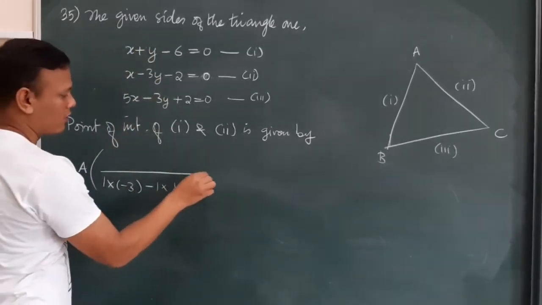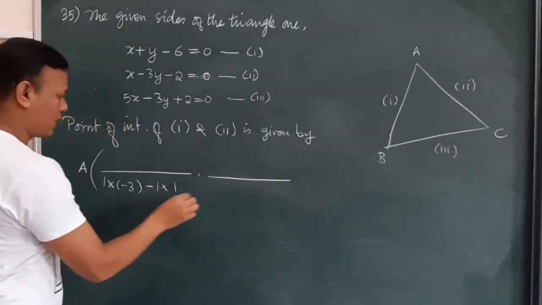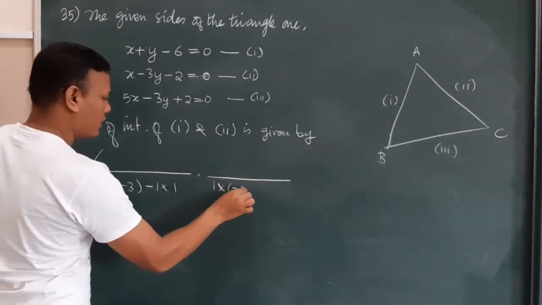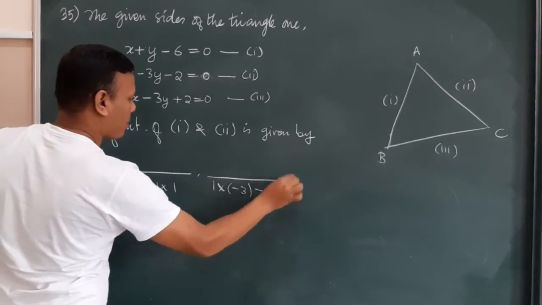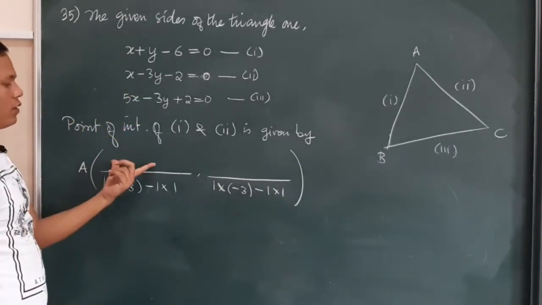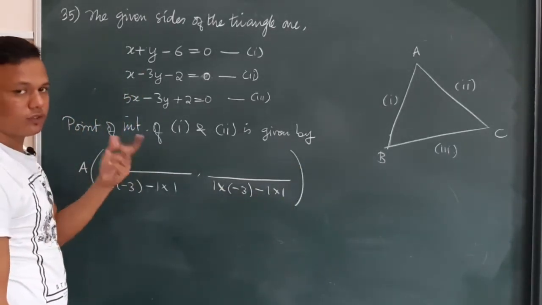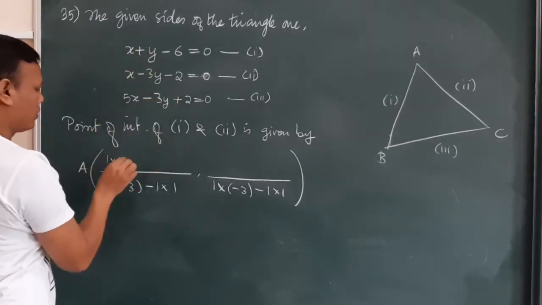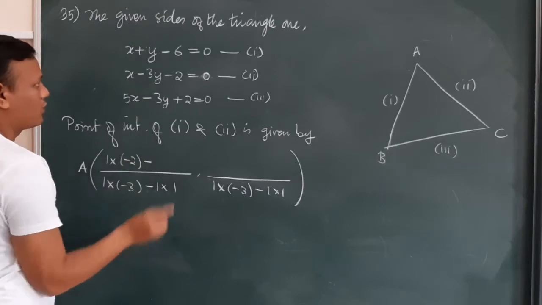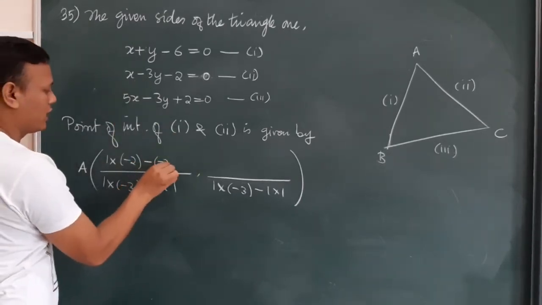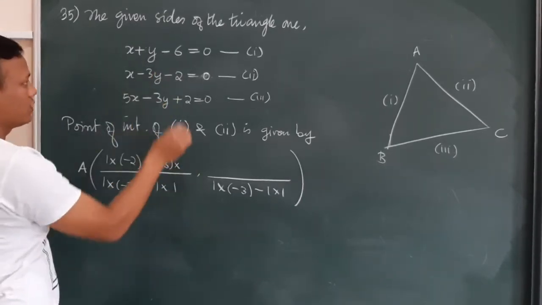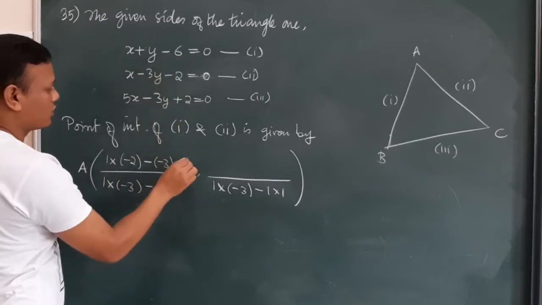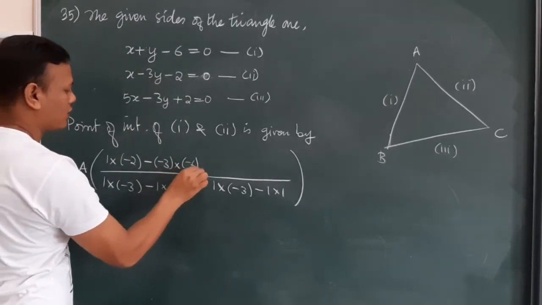Similarly the same thing will come out here as well, so we'll write the same. So here we should have B1 C2 minus B2 C1. So B1 is 1 into C2, C2 is minus 2, minus B2 is minus 3 into C1, C1 is minus 6.